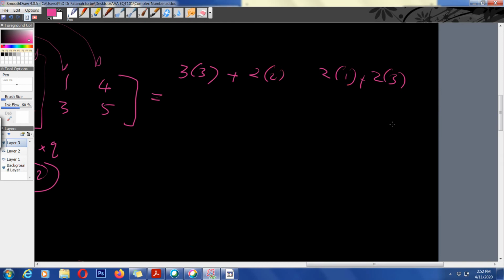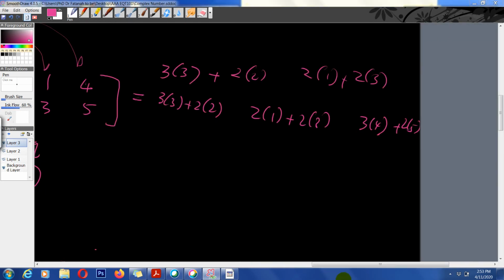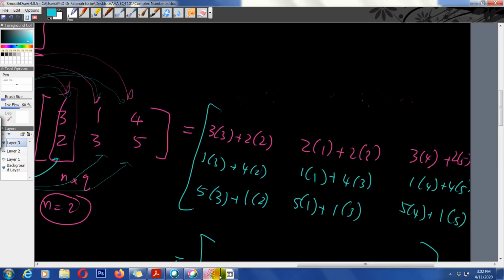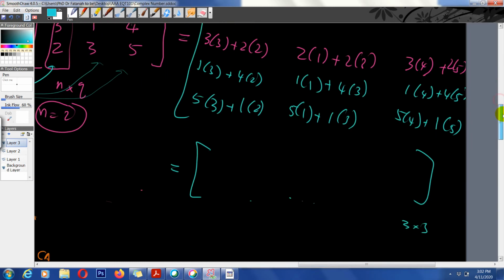So we have 3 times 3 plus 2 times 1, plus 2 times 3, and another one is 3 times 4 plus 2 times 5. Once we multiply each row and each column respectively, you solve using a calculator and you get a 3 by 3 matrix.